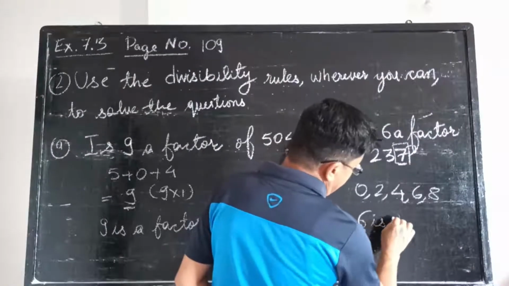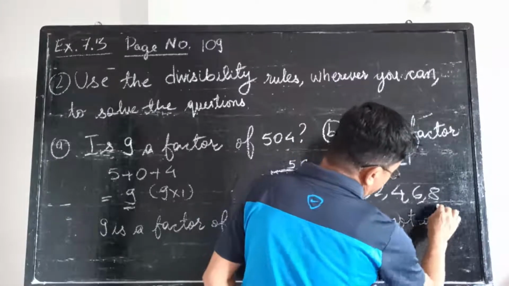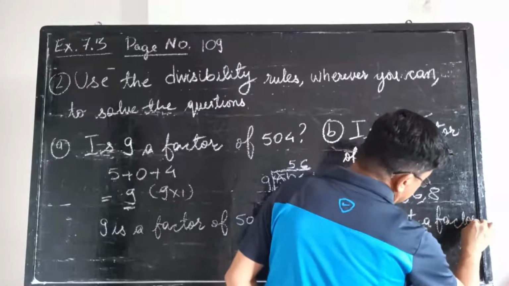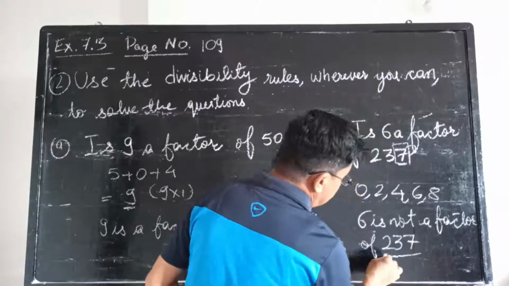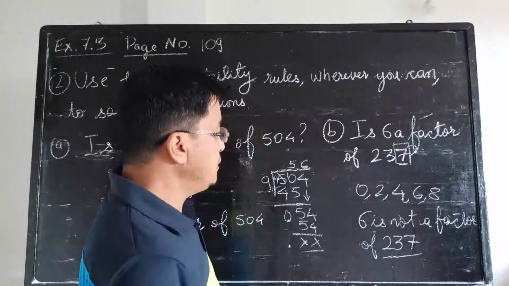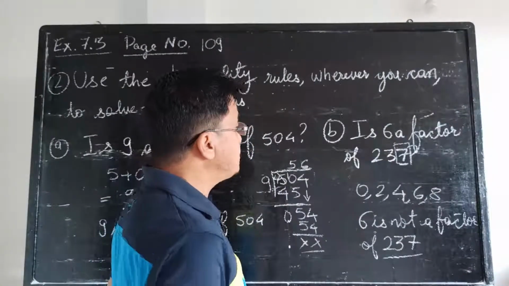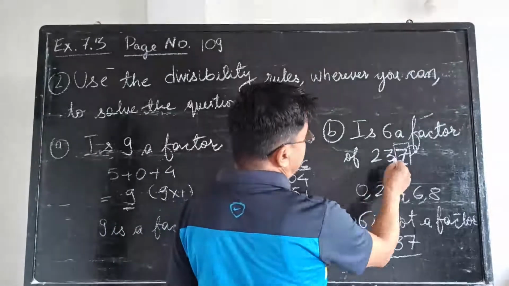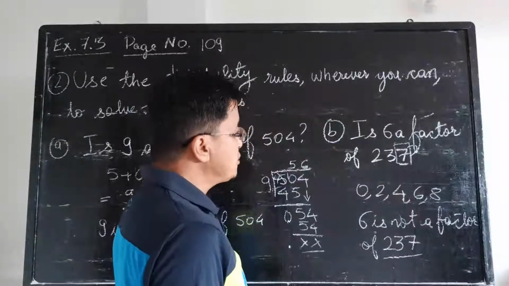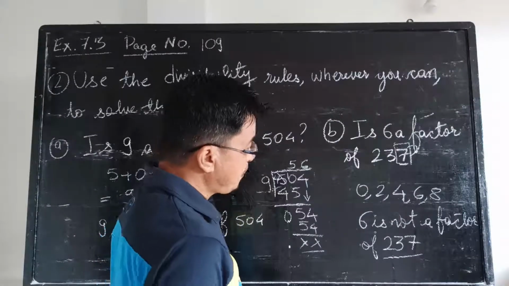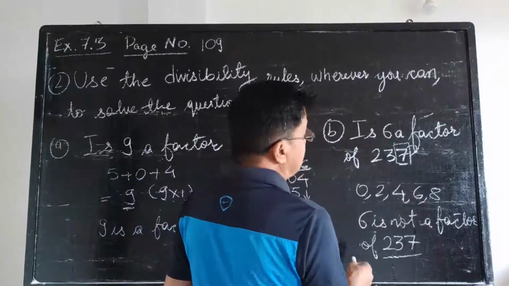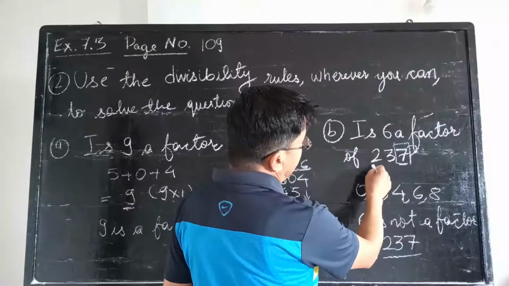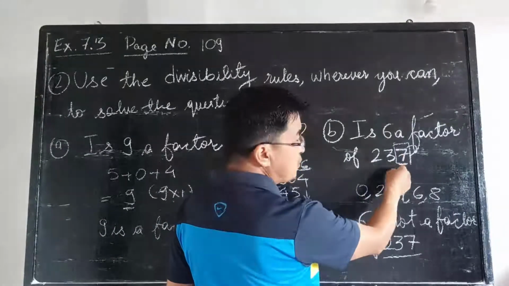So since 2 cannot divide it, 6 is not a factor of 237. 6 is not a factor of 237 because this number cannot be divided by 2. In the divisibility of 6, a number can be divided by 6 if it is divisible both by 2 and 3.